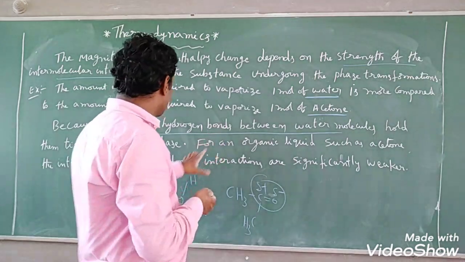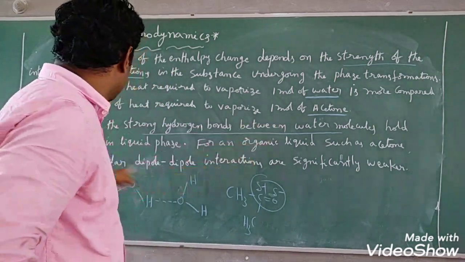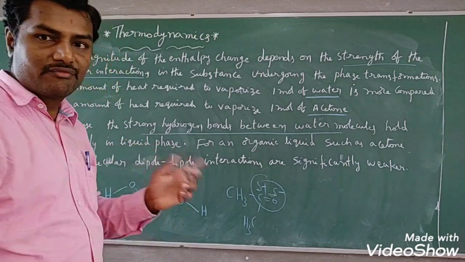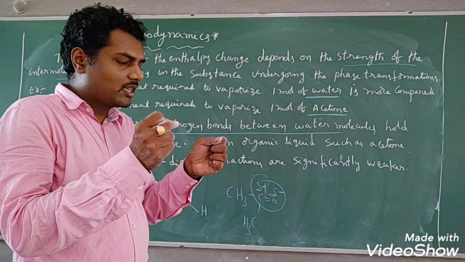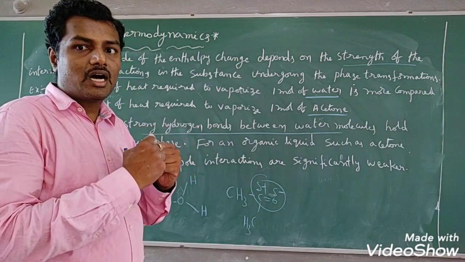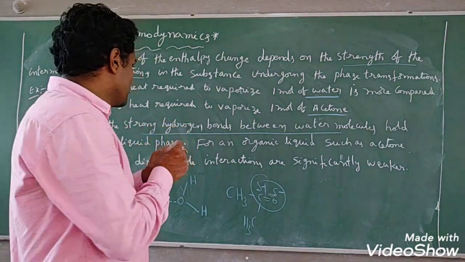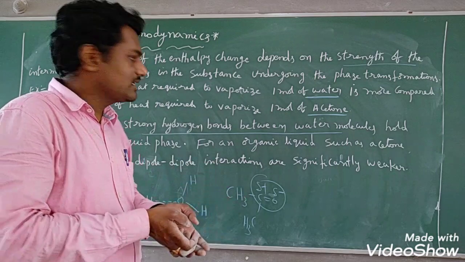Because of that, the strong hydrogen bonds between water molecules hold them tightly in the liquid phase. All the liquid molecules are held by strong hydrogen bonds, so to vaporize them, more heat is required.